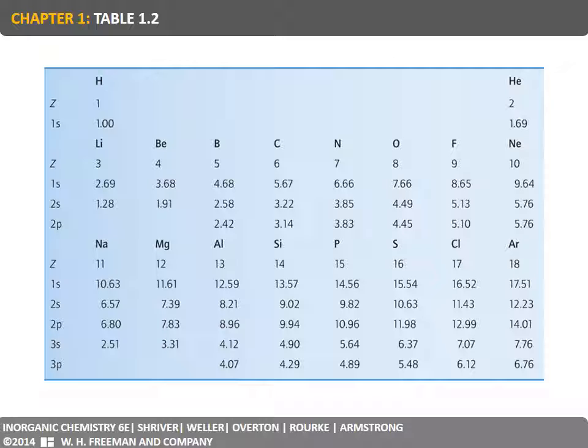So now let's look at this. The Z value for, let's say, carbon, as we know, is 6. Now the 1s orbital is shielded, and the Z effective is 5.67. The 2s orbital is even less. 2p is even less.